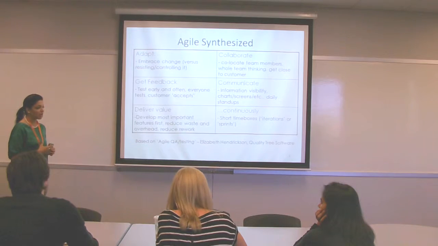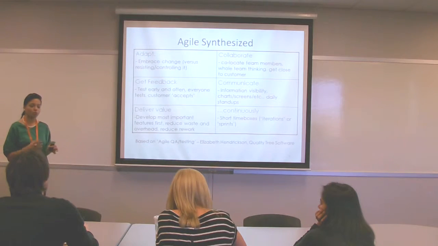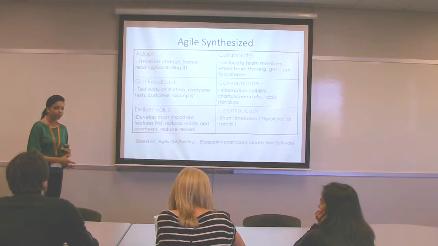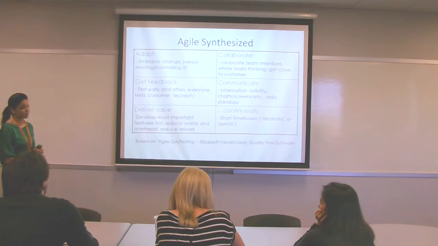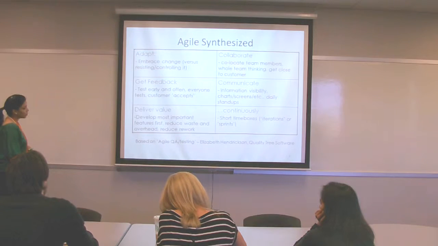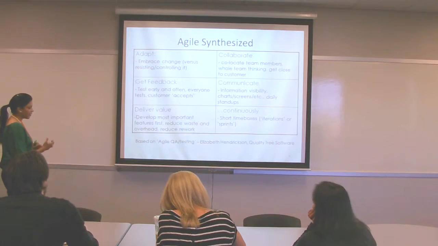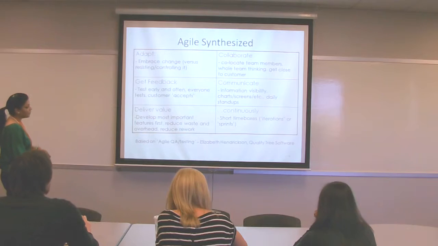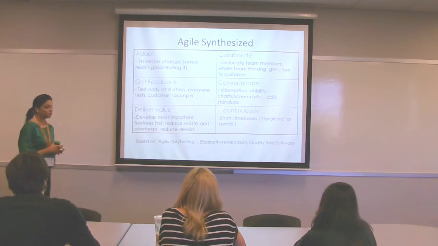But in Agile, without communication, we will not be able to deliver the value that we want to deliver to the customer at the end of the iteration. So that is important. And deliver value, we've talked about this already. And we do all these things continuously in short time boxes.